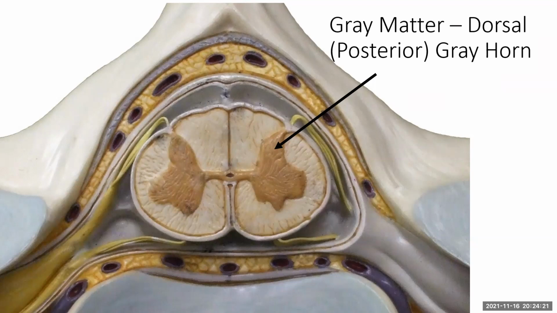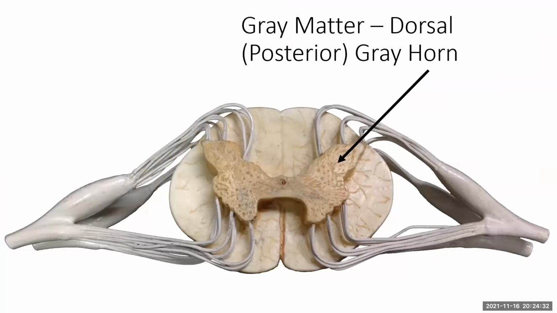That's where sensory input information enters into your central nervous system through the dorsal gray horn or posterior gray horn. Here you can see it on this model here. So only sensory neurons exist in these structures here, which we'll talk about in a second.